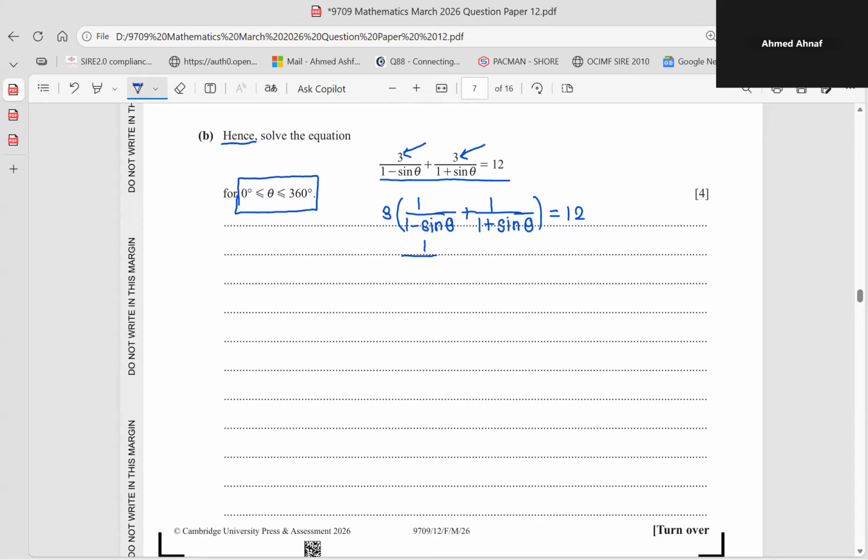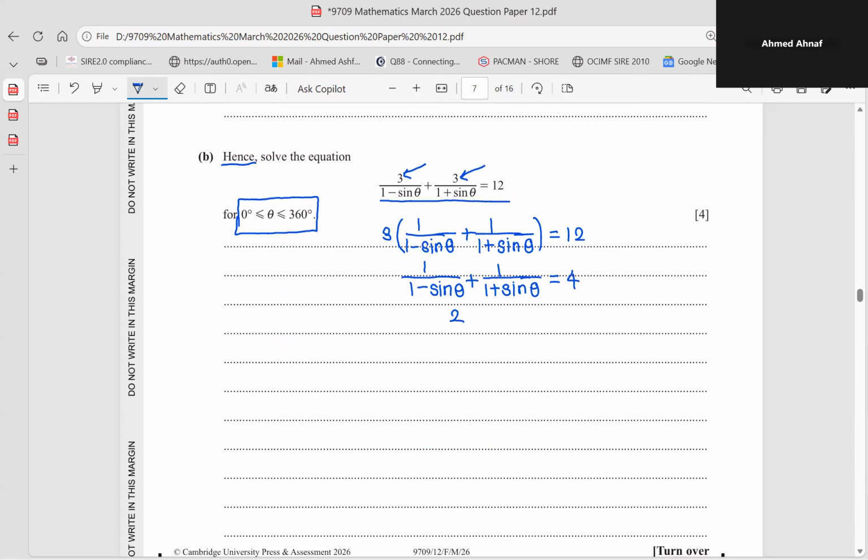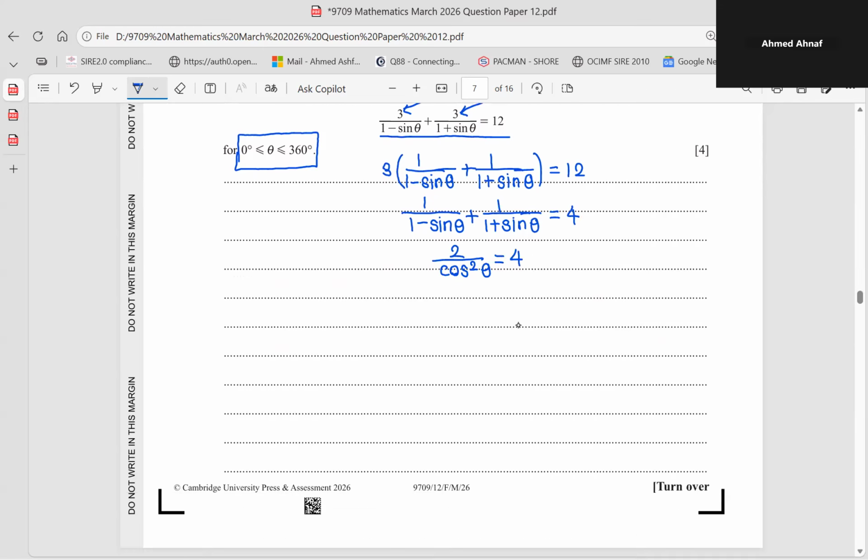You would get 1 over 1 minus sine theta plus 1 over 1 plus sine theta equals 12 divided by 3, which is just 4. And this one, you can just replace with 2 over cos square theta. So 2 over cos square theta equals 4.